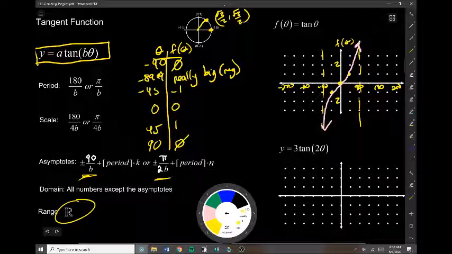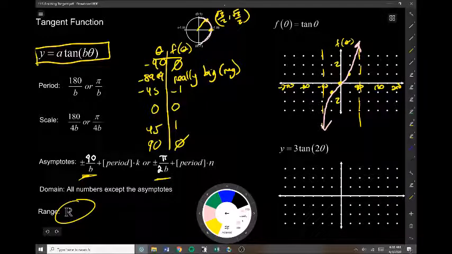The domain is restricted by asymptotes, but now this can keep cycling around. We just covered from negative 90 to 90. But if we go from like 90 to 270, okay, if I do this half of the circle, it follows the same exact pattern. At 180, we have 0.